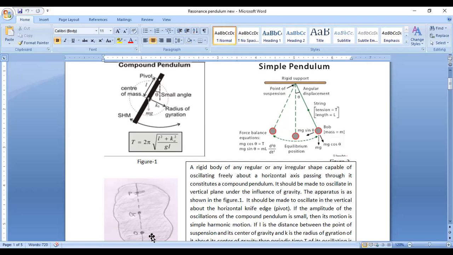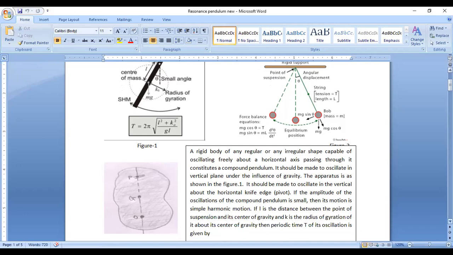Once again, you invert the pendulum and suspend it with respect to point O, and again you imagine a horizontal axis passing through the point O and measure the periodic time. In both cases the periodic time is the same. Once you know this, you can write this expression.